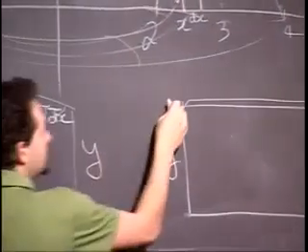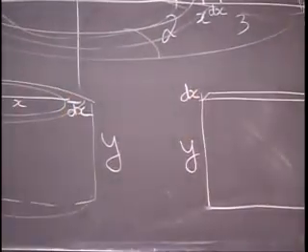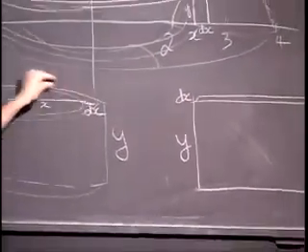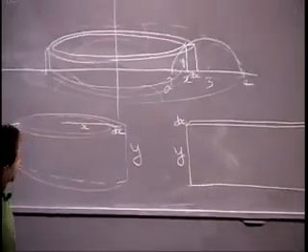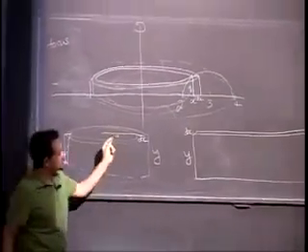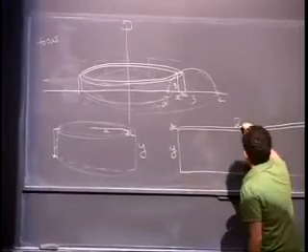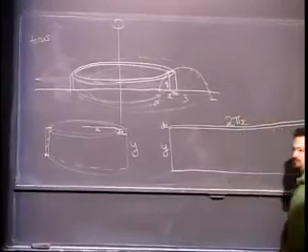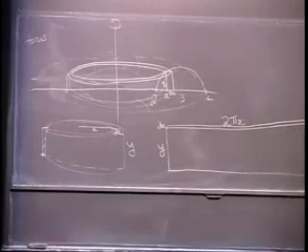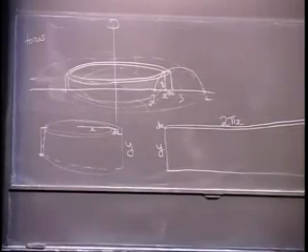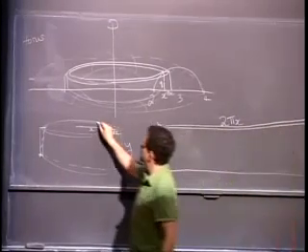Now, the height of this rectangle is y, the thickness is dx, and the entire circumference of this original can has now been straightened out. And the length is 2 pi x, because that is the circumference of a circle of radius x.